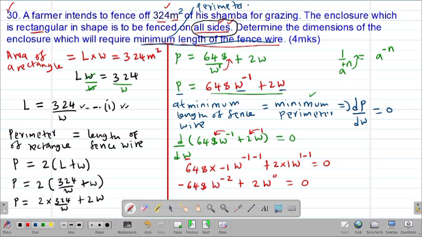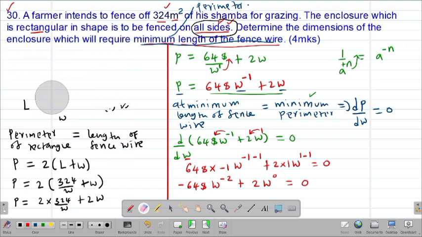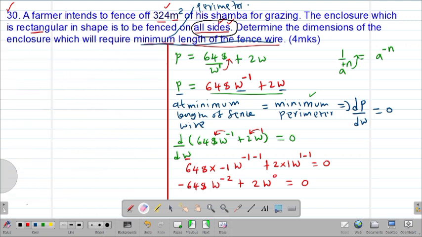So this is telling us that we can rewrite our equation. It means that our equation would remain to be -648 w power -2, then plus, of course, when you take w power 0, this one is going to give you a 1.